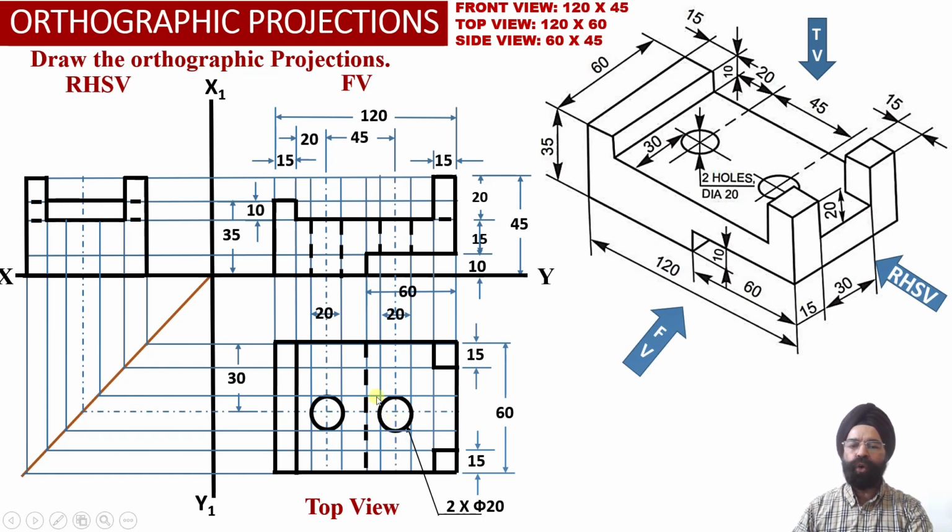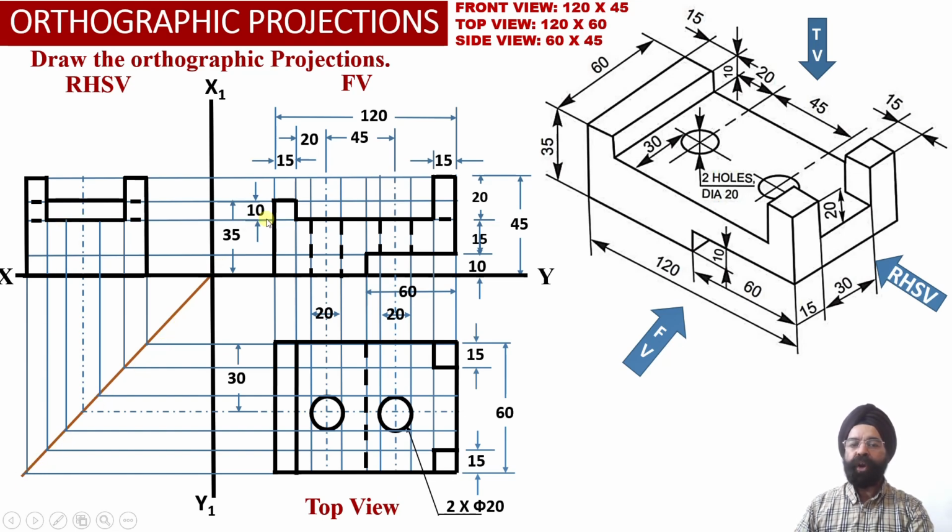Now we have drawn two horizontal projector lines into the top view projections, and these two projector lines corresponding to the diameter of these two circular holes having a diameter equal to 20 millimeter have been appropriately transferred into the right hand side view projections using this transfer line.